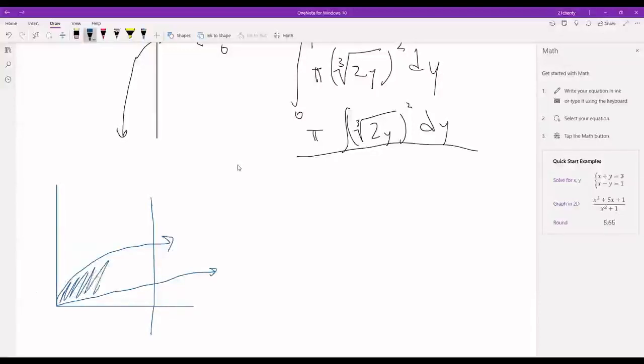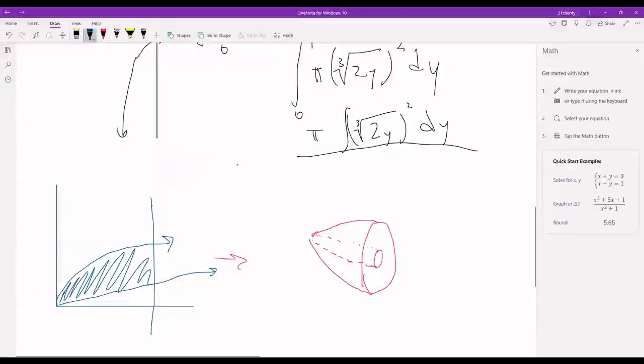Now we're finding this. And so when we rotate this, it's going to look something like this. And it's going to have a little hole down the middle. And this will be our axis.